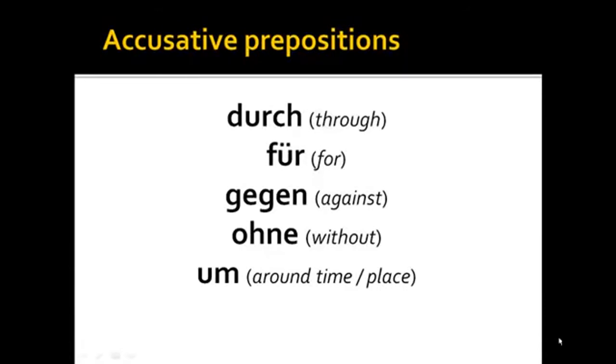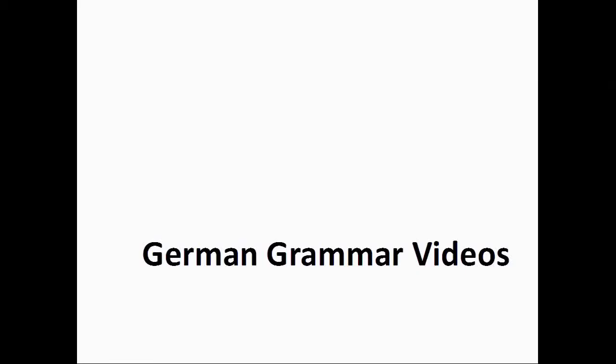Actually, I'd say come at 6 o'clock. Ich komme um 6 Uhr. I come at 6 o'clock. So anyway, these are the accusative prepositions. Memorize them, and after a while they become second nature. Accusative prepositions. Welcome to German Grammar Videos. Thank you for watching.